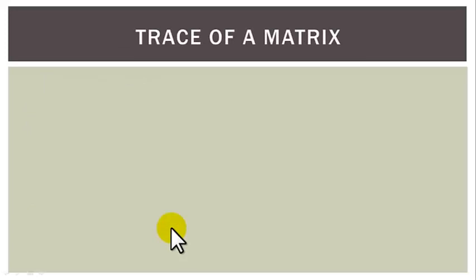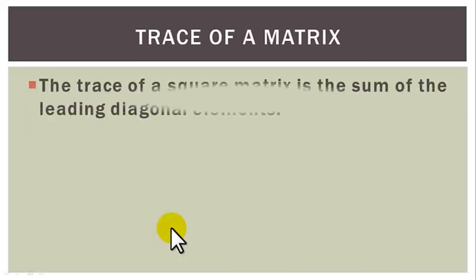Trace of a matrix. The trace of a square matrix is the sum of the leading diagonal elements. Note, the leading diagonal of a square matrix is the diagonal running from the top left corner to the bottom right corner.